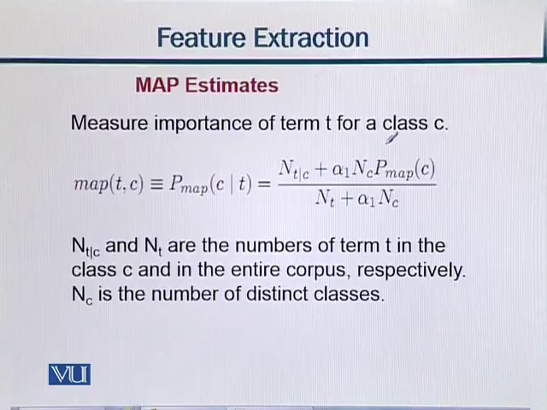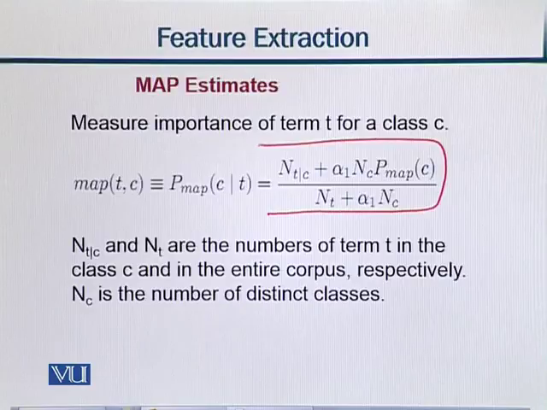Now we come to the final feature extraction measure presented in this module, which is MAP estimates. MAP stands for maximum a posteriori probability. The idea behind it is to find the importance of terms against a class C. It presents NTC, which stands for the number of terms T in class C. Then NT is the number of terms in the entire corpus, and NC is the number of distinct classes.